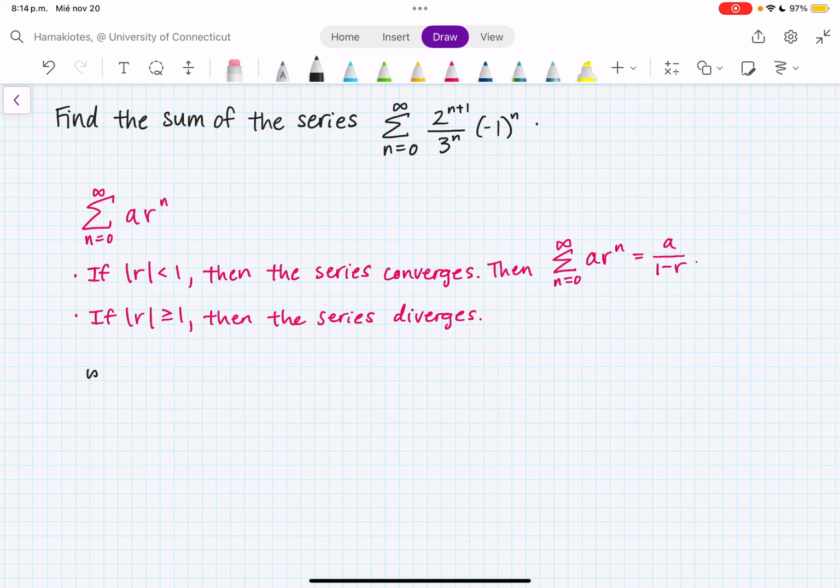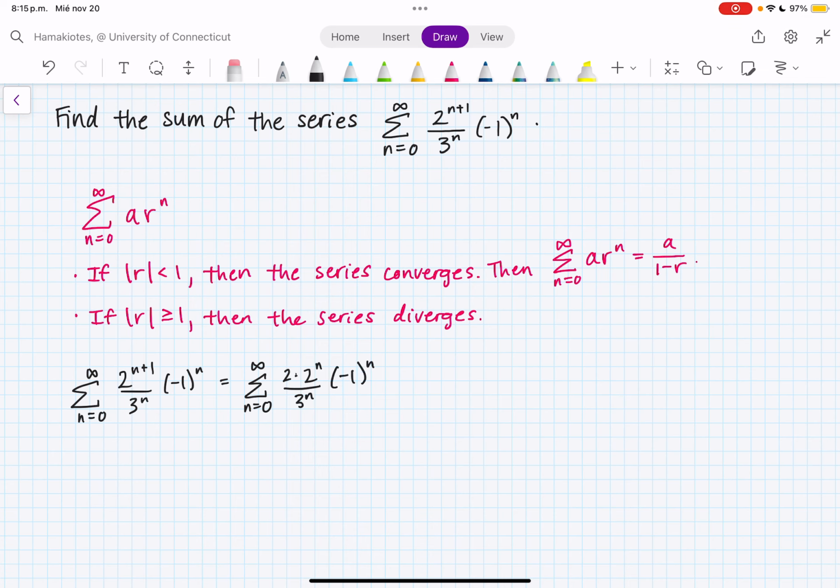I have 2 to the n plus 1 over 3 to the n times minus 1 to the n, so it's already kind of close. Now I'm going to factor out a 2, so now I have 2 times 2 to the n over 3 to the n times minus 1 to the n.